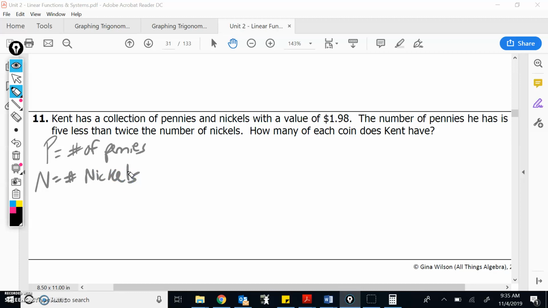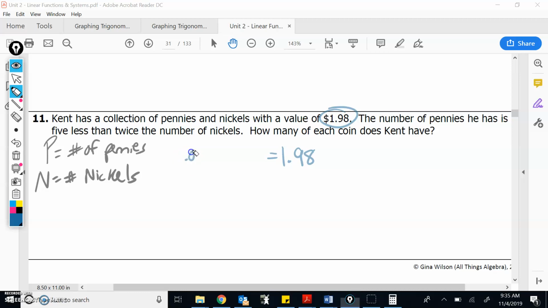Just like the other one, we're going to have 2 equations, one having to do with cost and the other one having to do with how many pennies and nickels there are. Let's start with the cost one first. The total value is 198. How do we write as an expression the value of pennies and nickels? You put them in terms of decimals.